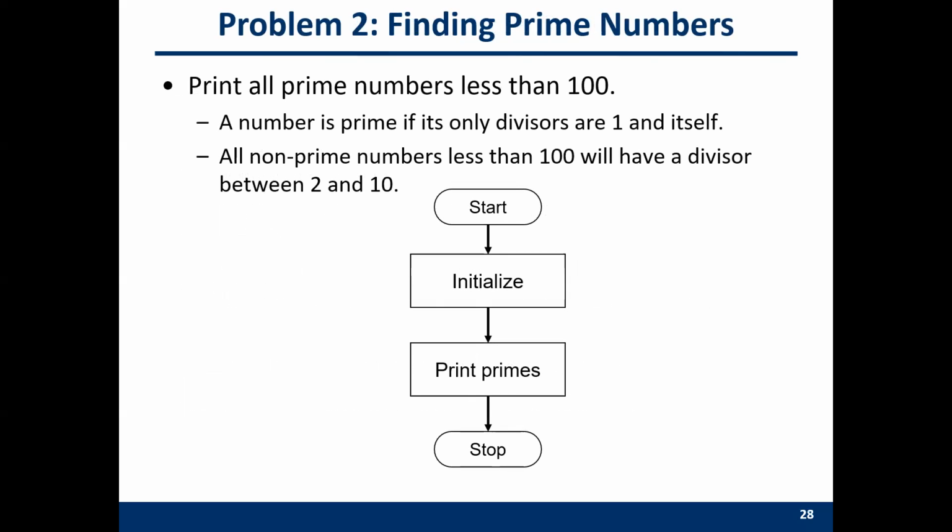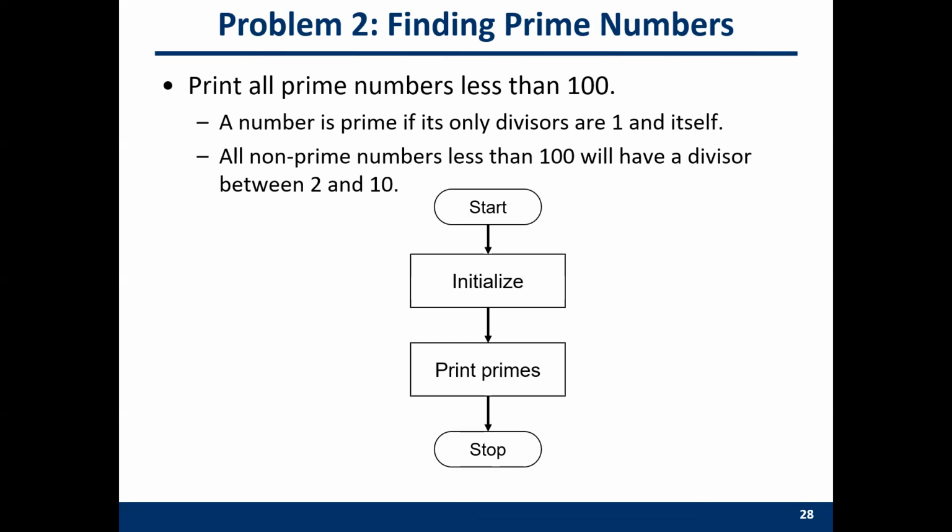The second example is to find the prime numbers. For example, you can print out all the prime numbers smaller than 100. A number is a prime if its only divisors are one and itself. All non-prime numbers must have another divisor.